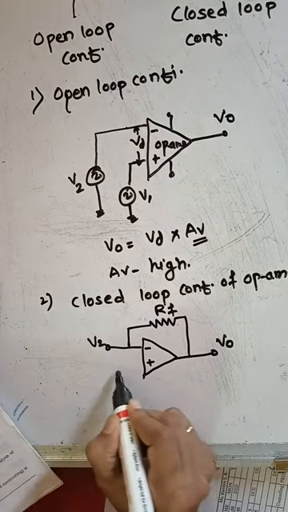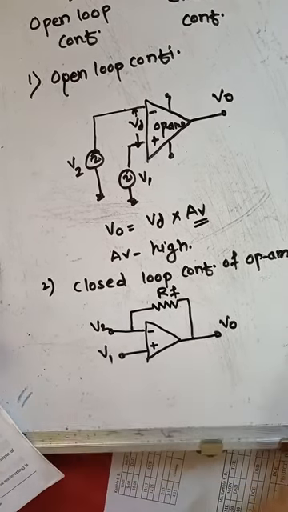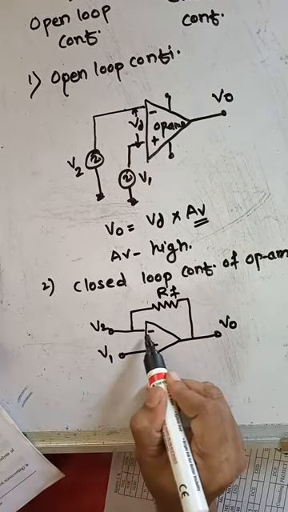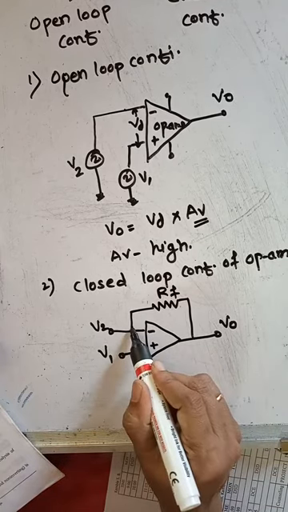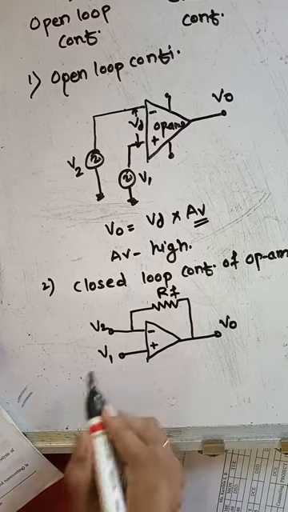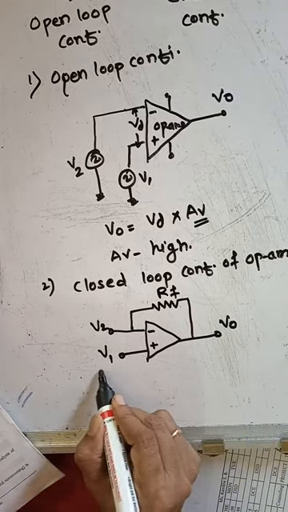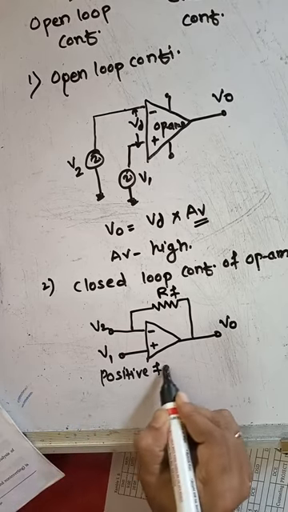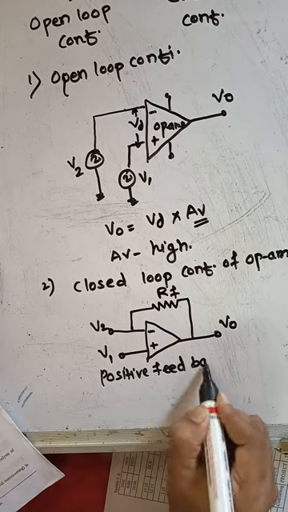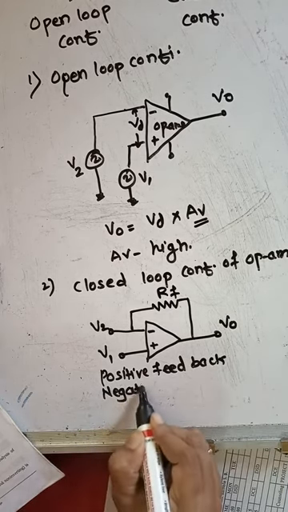So by using this concept, we connect the feedback either to the negative terminal or the positive terminal. That's why it has two types, positive feedback and negative feedback.